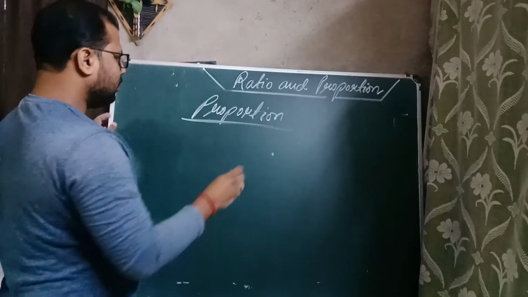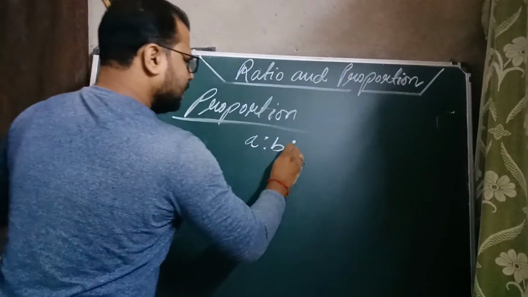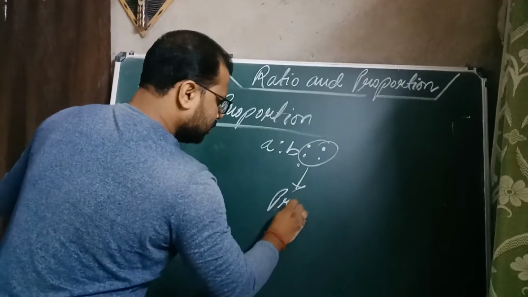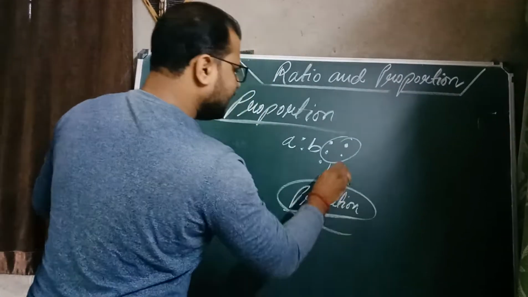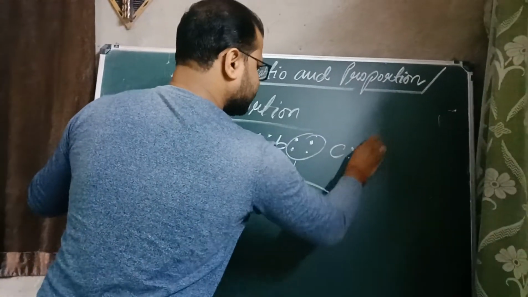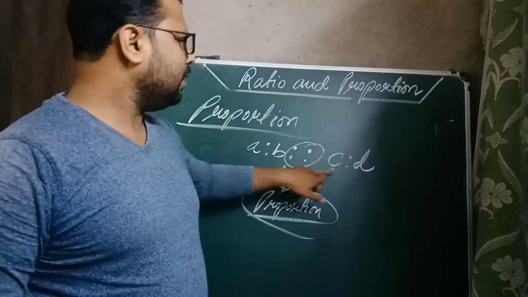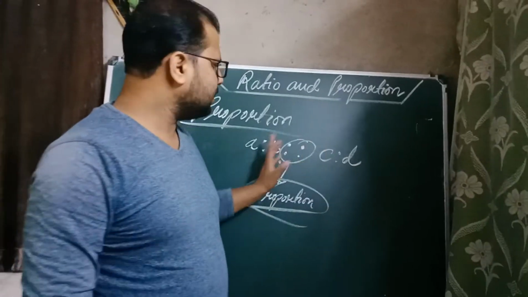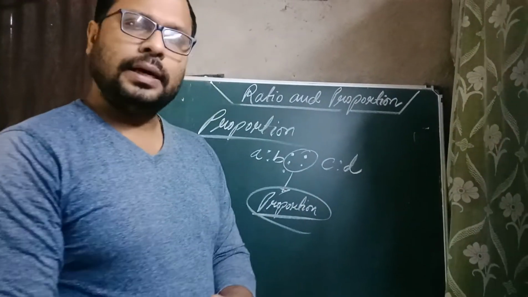For example, if we write A is to B, is to C is to D, it means we are relating this ratio along with another ratio. It means A is to B is proportional to C is to D. It means it is equal, or we are trying to make it equal. Understood, students?